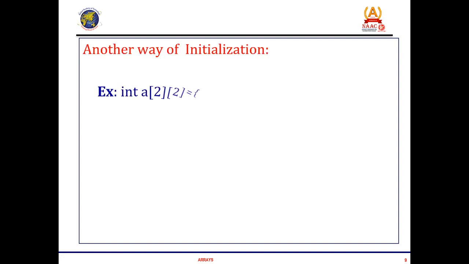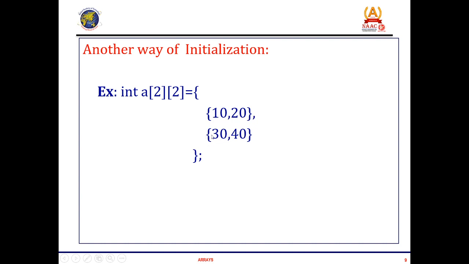Now, apart from that type of initialization of two-dimensional arrays, C also lets you initialize the elements in a slightly different fashion. So have a look at it. I have int A of 2 followed by opening curly braces, followed by another pair of curly braces where I have enclosed the first row elements.